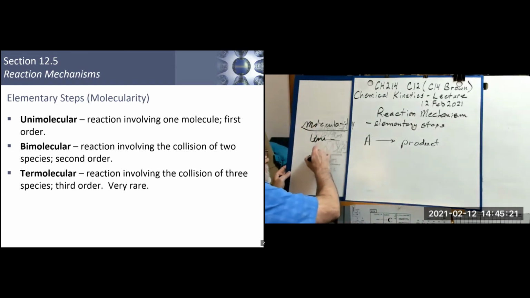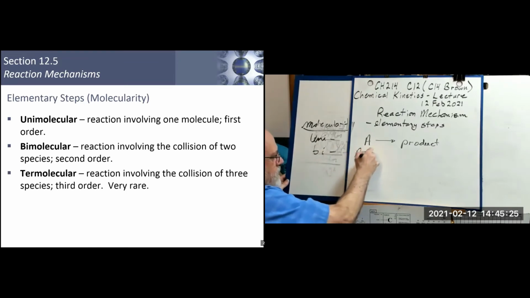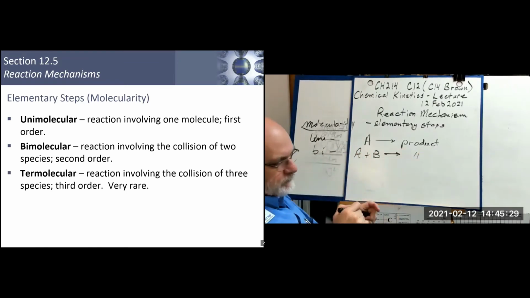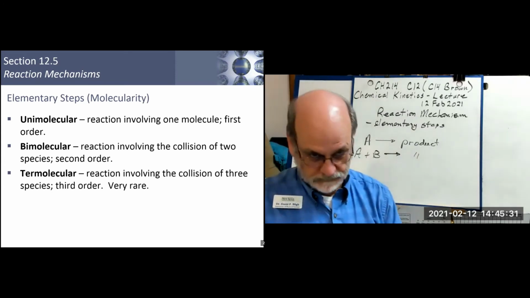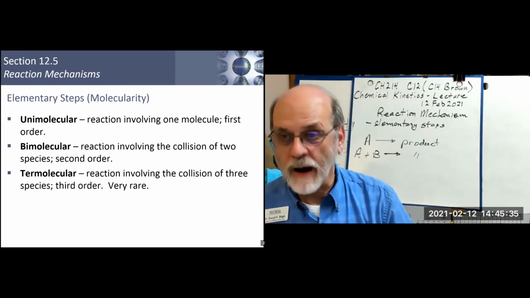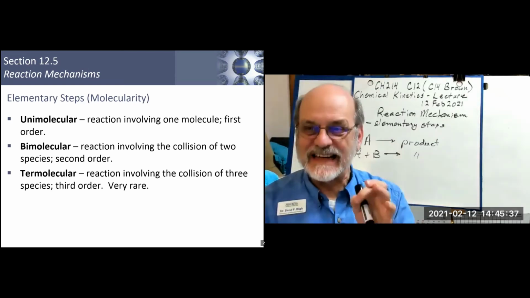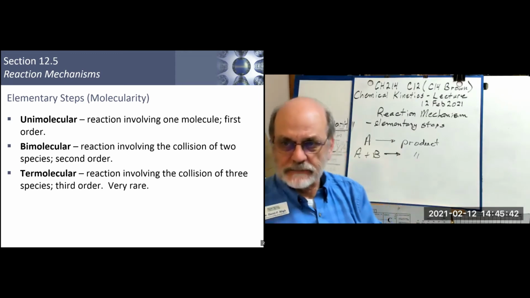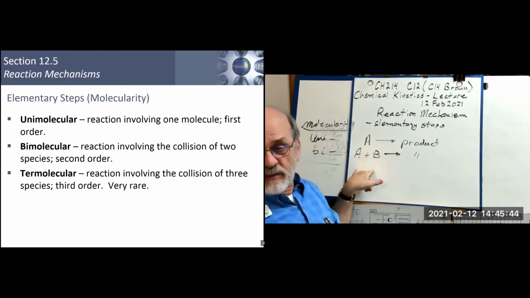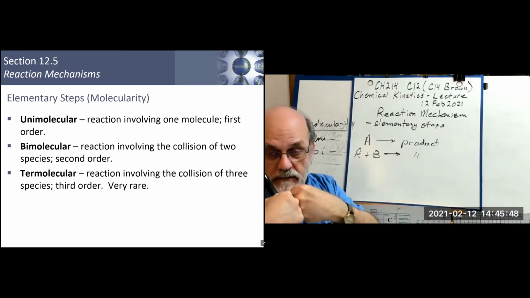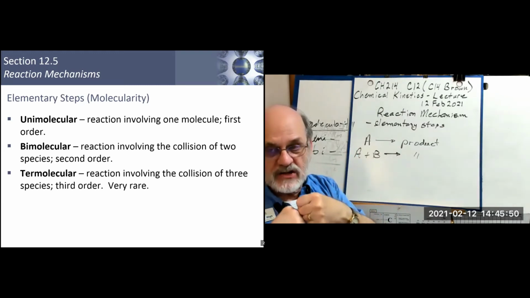Bimolecular says A plus B yields products. This is a little less likely to occur probabilistically, because you got to get these two molecules together with the right amount of energy and the correct orientation, right?